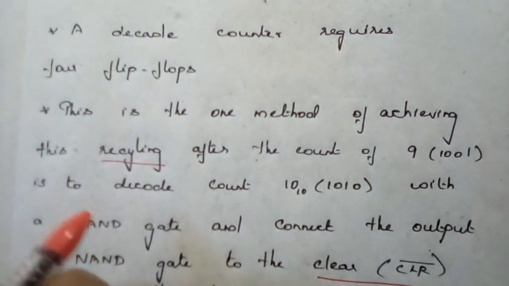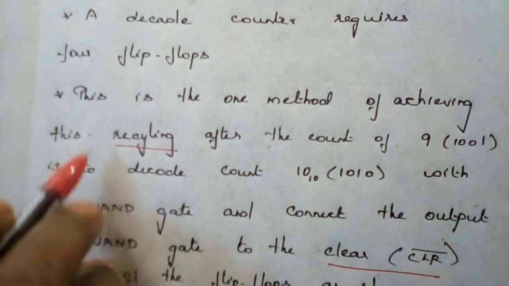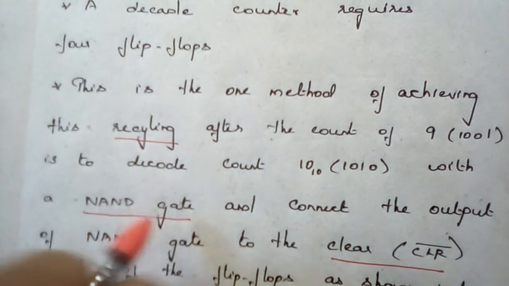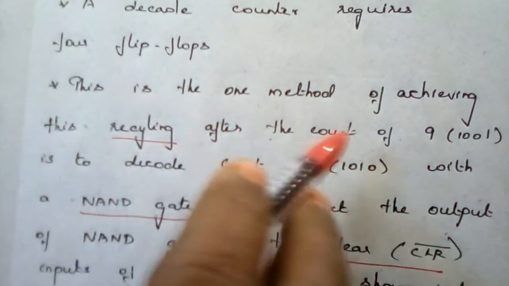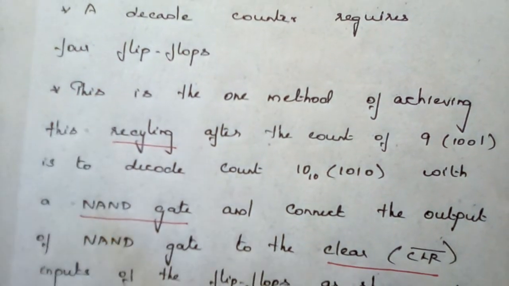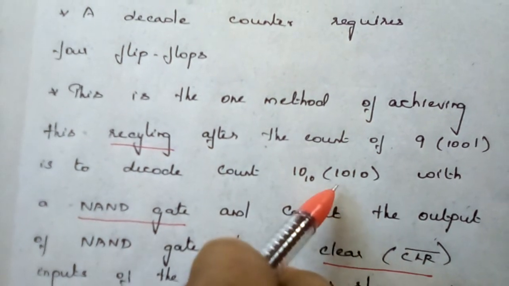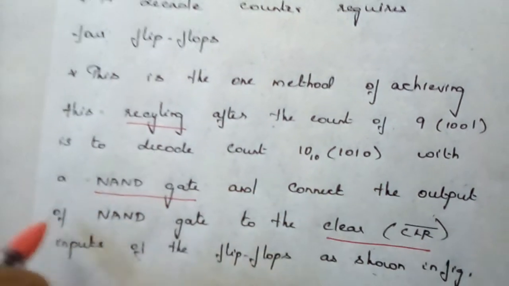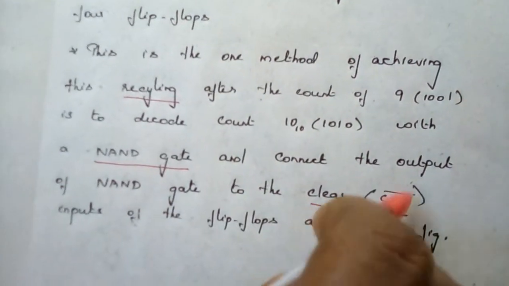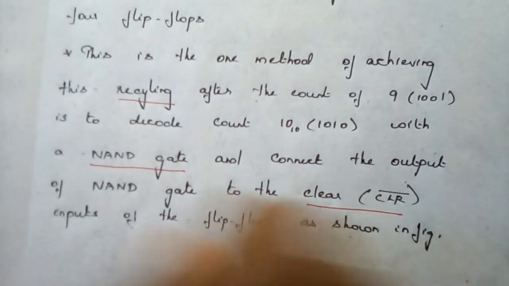Similar to the 2-bit counter, there will be recycling, and it happens by means of the NAND gate. The counter counts from 0 to 9 and the next state is recycled as 10, that is 1010, with the help of the NAND gate. The gate is connected to the clear bar. The clear instruction is active low.